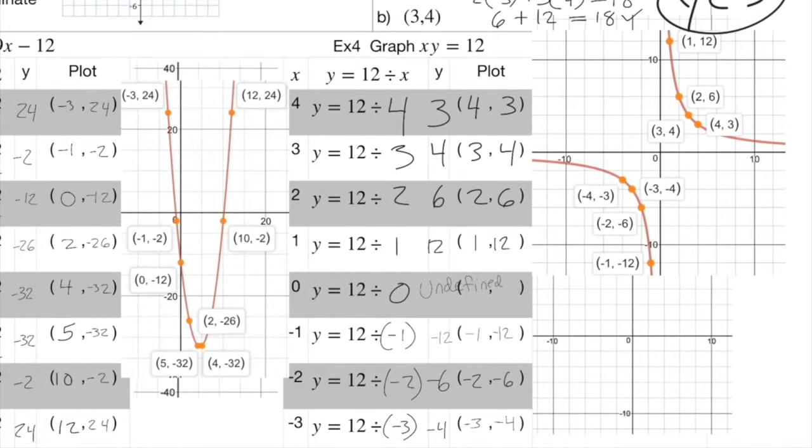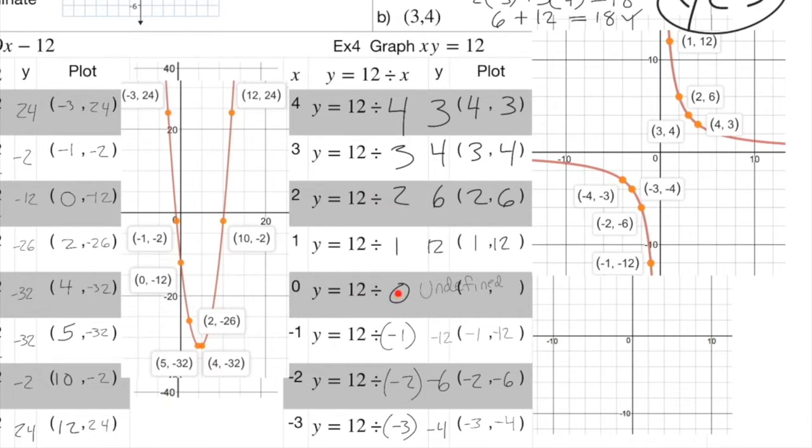The way that I calculate them, though, is when I generate the table, y equals 12 divided by 2 is 6. 12 divided by negative 1 is negative 12. Here, at 0, we get something very interesting. 12 divided by 0, well, anything divided by 0 is undefined. We've constructed division in such a way that we don't have an answer to this question.